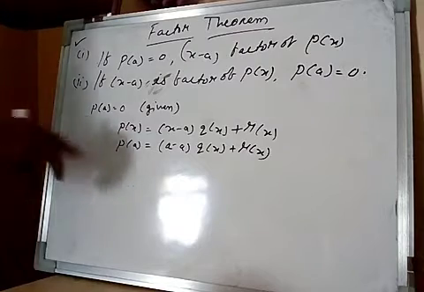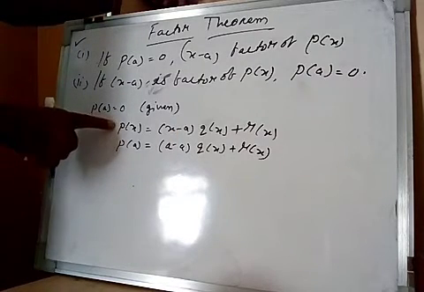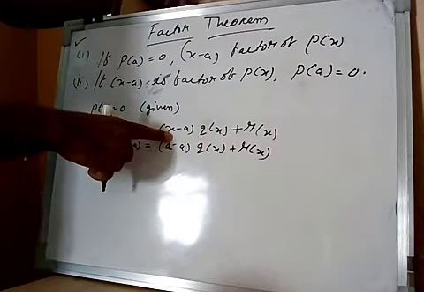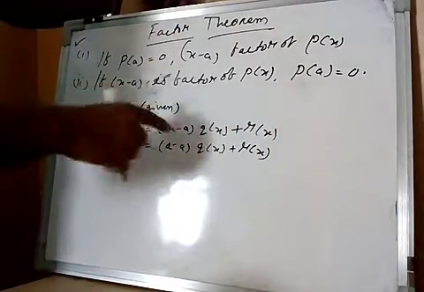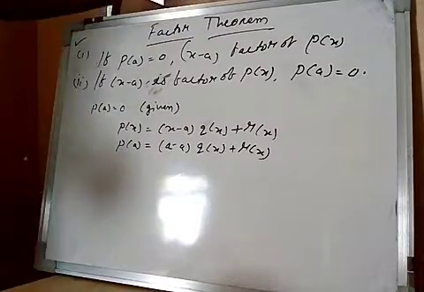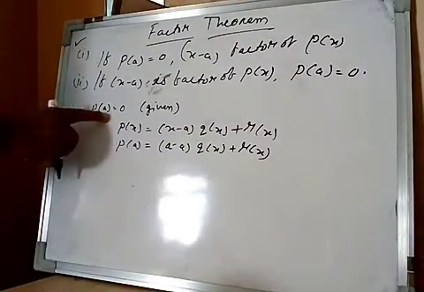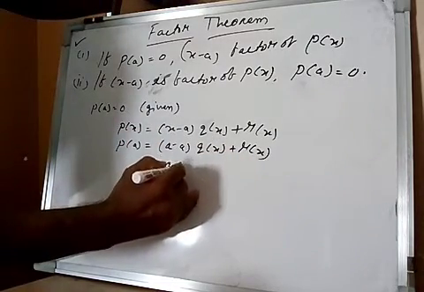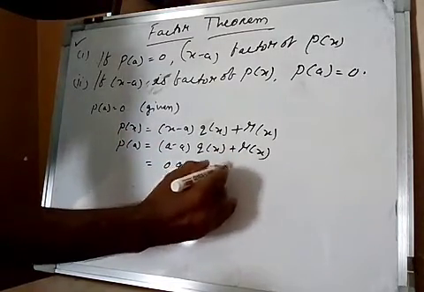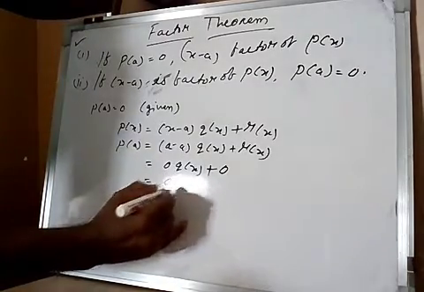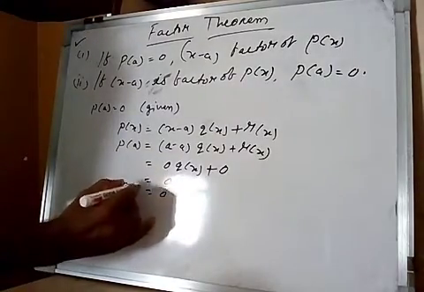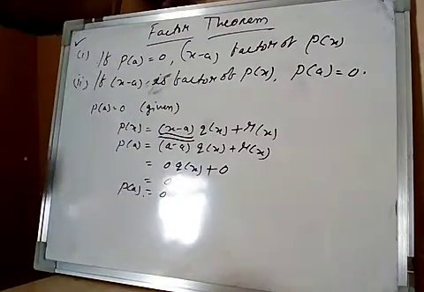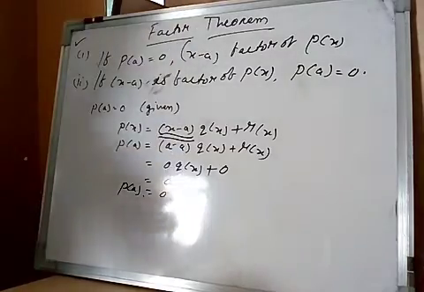Now here x minus a divides this whole polynomial px. Here the degree of the divisor is 1, that means the degree of the remainder will be less than 1, that is, r or 0. Here p of a is given already as 0, that means the remainder is 0. So we can take 0 multiplied by qx plus 0 equals 0 plus 0 equals 0. So p of a equals 0. That means x minus a is a factor of px. This is case number 1.